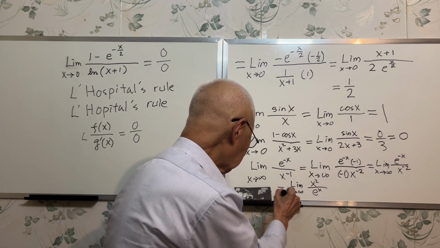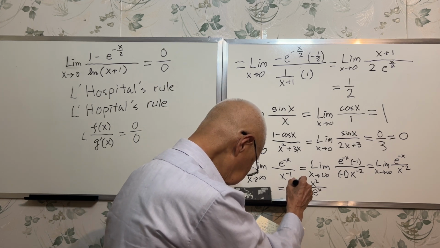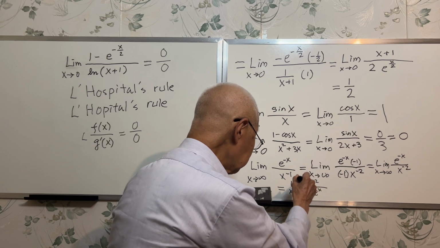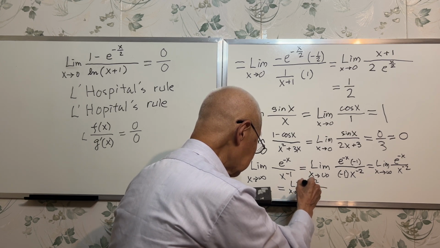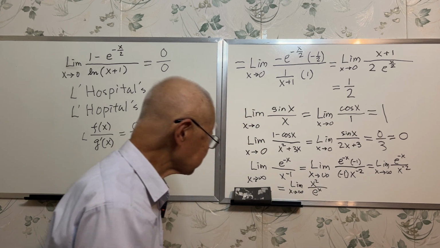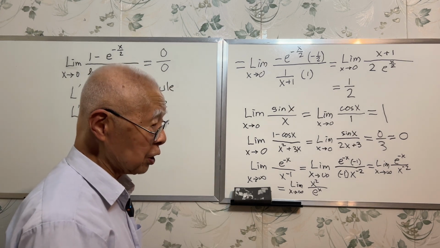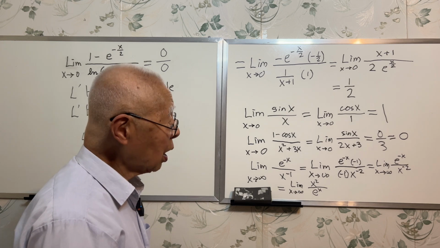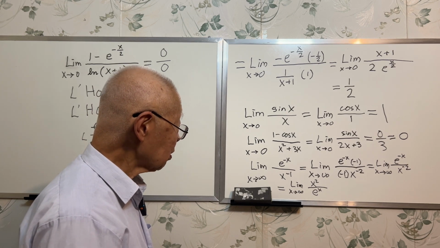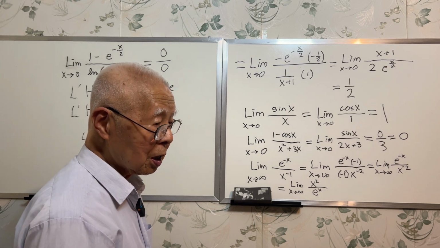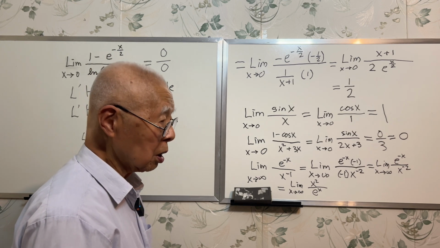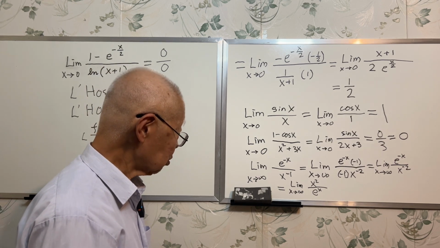Now, when x goes to infinity, the numerator goes to infinity, the denominator goes to infinity. So this becomes infinity over infinity. And then I need to supplement what I said about L'Hopital's rule.